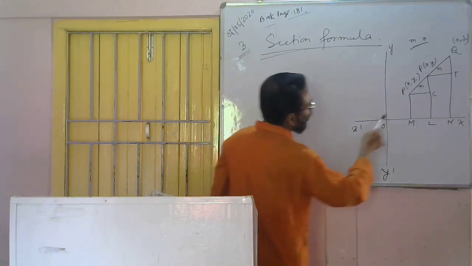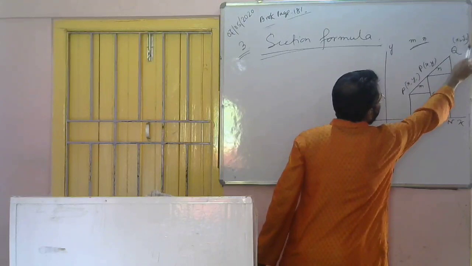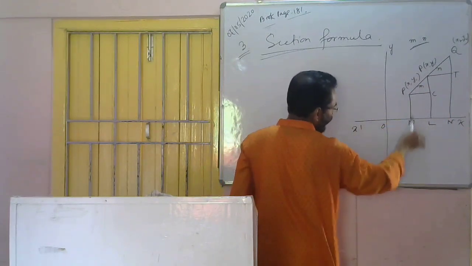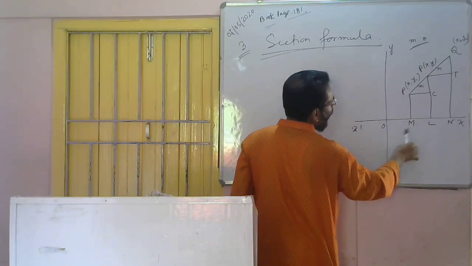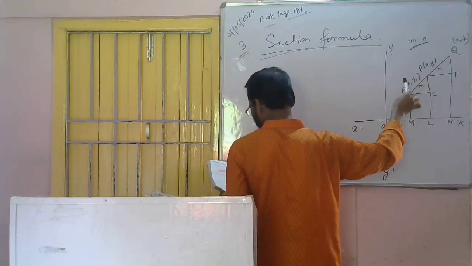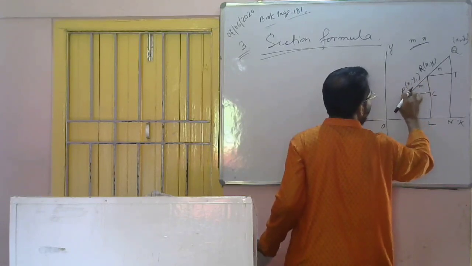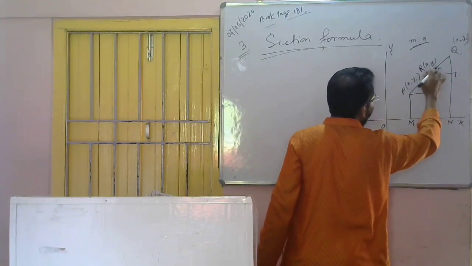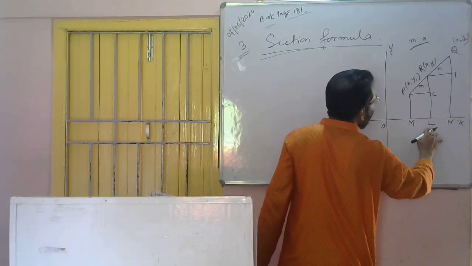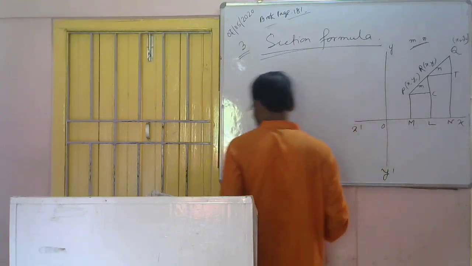So these 2 points are P x1 y1 and another point Q x2 y2. In between is the point P x y, and from P we draw a perpendicular PM, and this point we denote R. From R we draw a perpendicular RL on x, and from Q we draw another perpendicular QN on x.